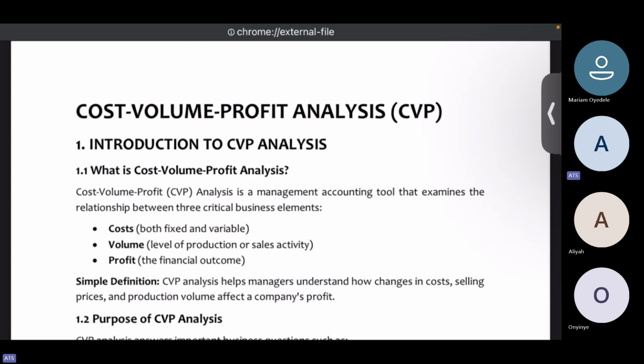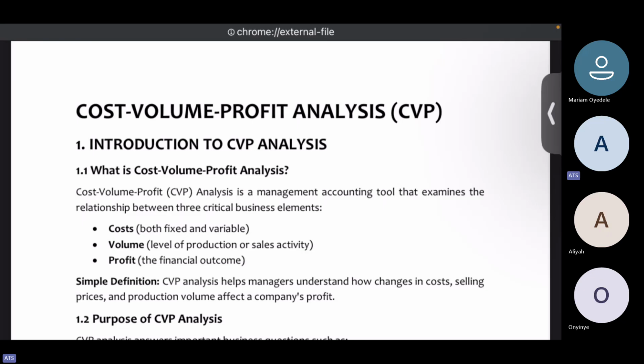So let me just go straight into it. CVP analysis, for short, is a management accounting tool that examines the relationship between three critical business elements: your costs, both fixed and variable costs, all kinds of costs; your volume, that is level of production or sales activity; as well as the profit, which is what you as a business exist to achieve.